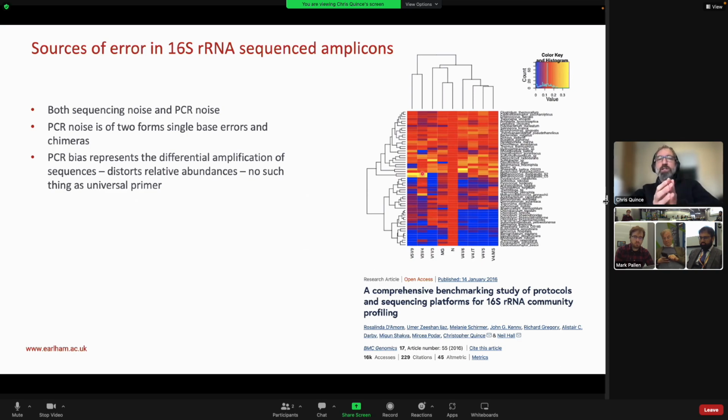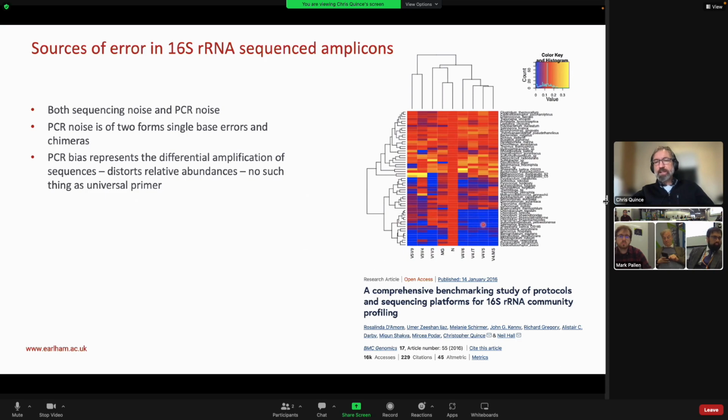So there's no such thing as a universal primer. Whenever you've got a primer, it's going to match some species better than others, okay? Also, GC content is important, okay? So some sequences in your community will amplify up better than others, and some will be entirely missed. That's what we're showing with these blue regions here.